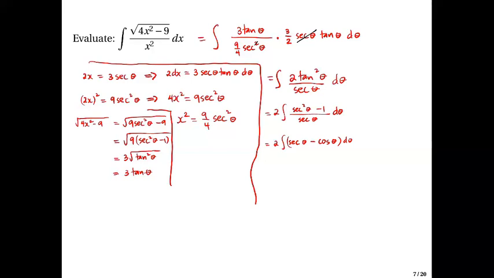So if we integrate this, integral of secant theta is just ln absolute value of secant theta plus tangent theta, minus integral of cosine theta, that's sine theta. Then we have the plus c. But what do we have in here?